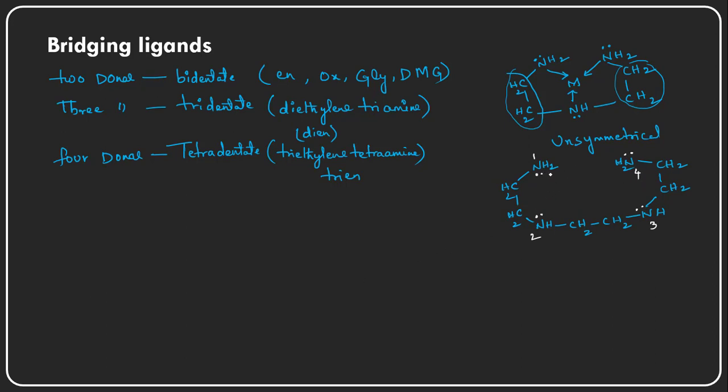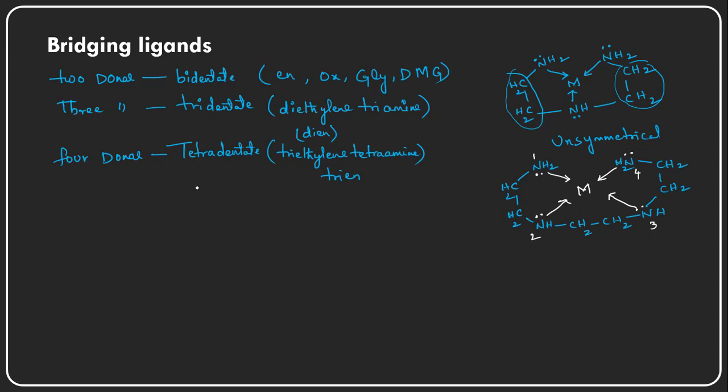All these donor atoms can donate their pairs of electrons to the central metal cation and form four coordinate covalent bonds at a time with the central metal cation. That is the reason it is a tetradentate ligand.